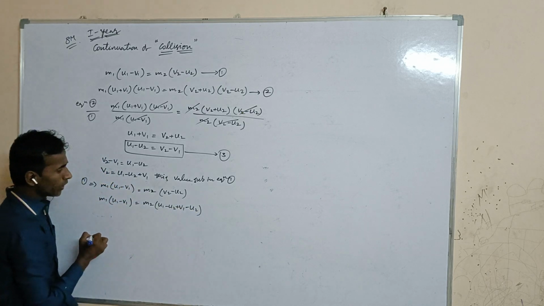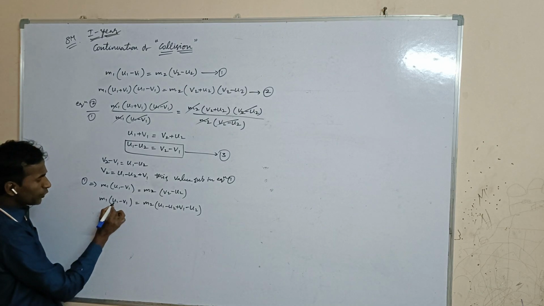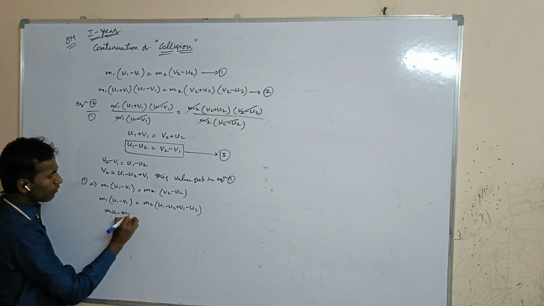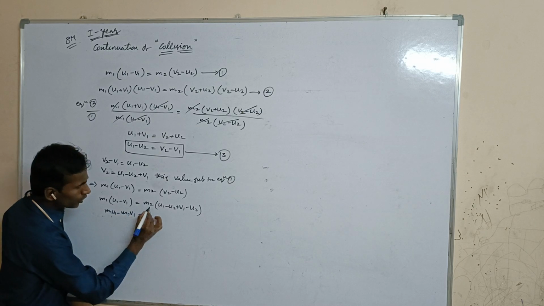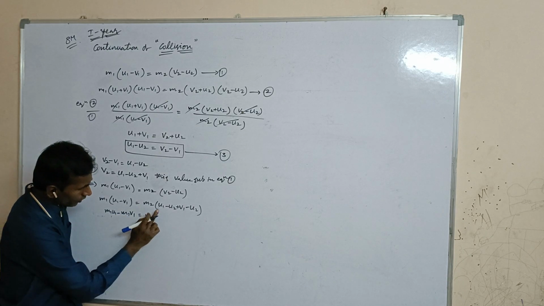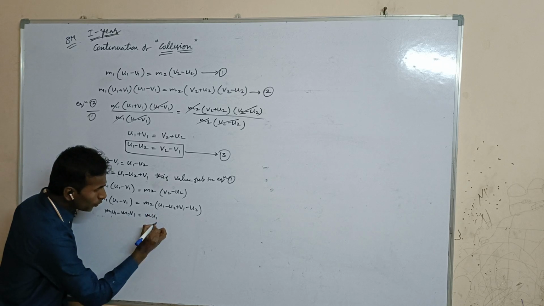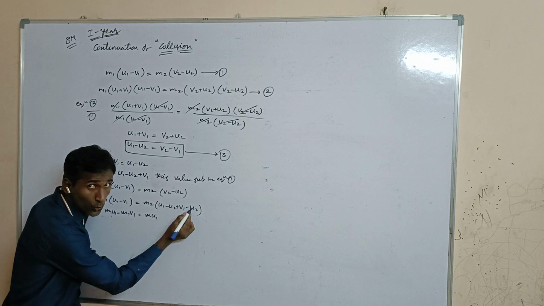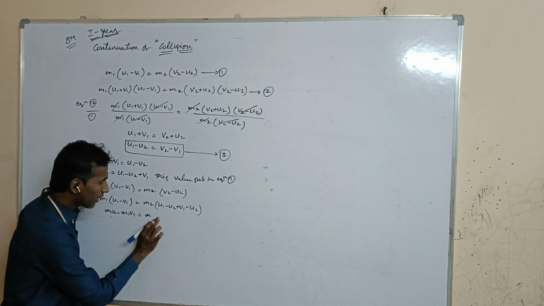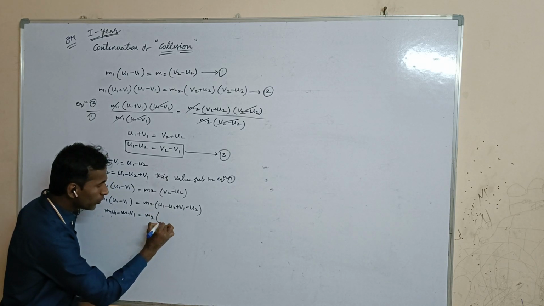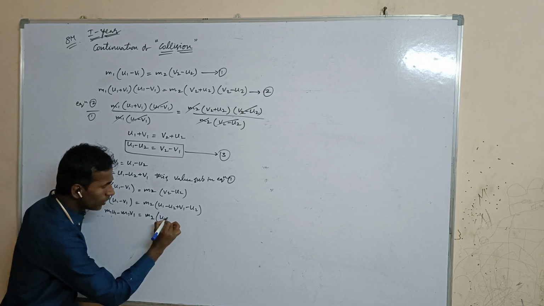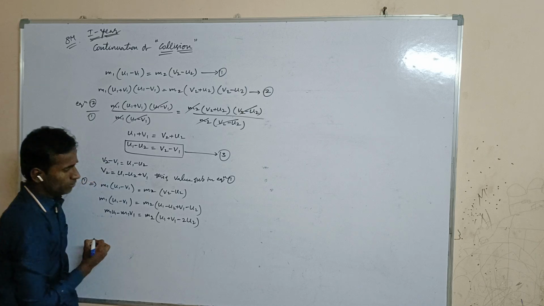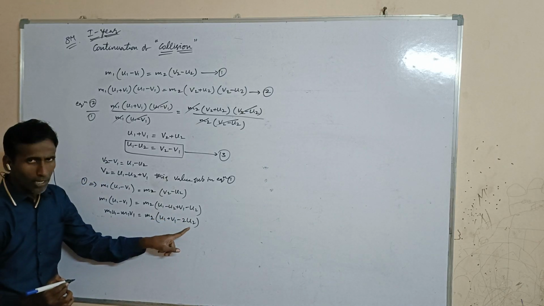Now m1 u1 minus m1 v1 is equal to m2 into (u1 plus v1 minus 2u2).